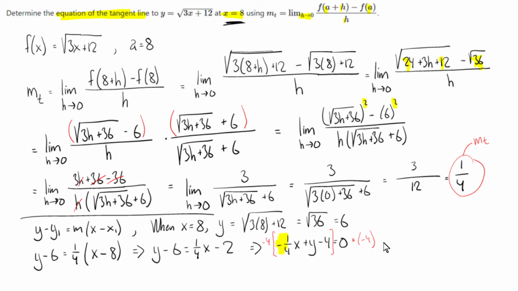If we do that, on the left hand side we're going to get x minus 4y plus 16, and on the right hand side we're just left with 0.